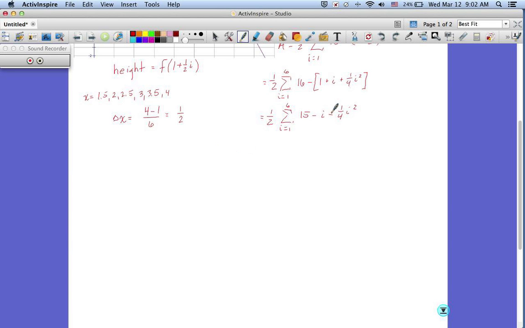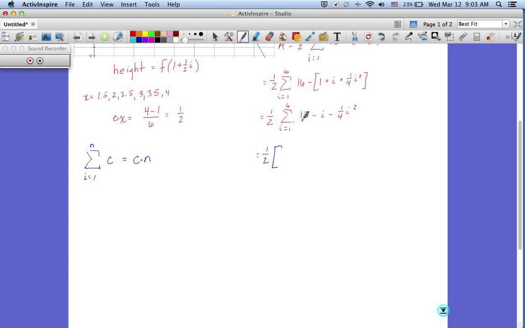All right, so now we're going to use our rules of sigma notation. We talked about the rule for i and i squared. Let's look at the rule for constants. If you're going to add up a constant from i equals 1 to some n value, think about it. If you're doing 5 plus 5 plus 5 ten times, that's just 5 times 10. So if I'm doing c plus c plus c n times, that's c times n. So here's a constant, and I have 1/2.